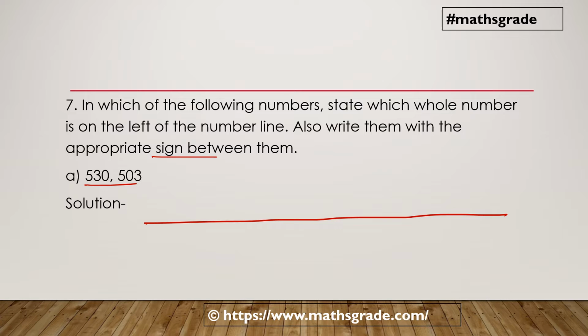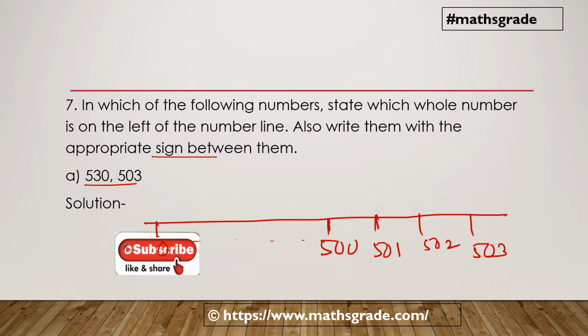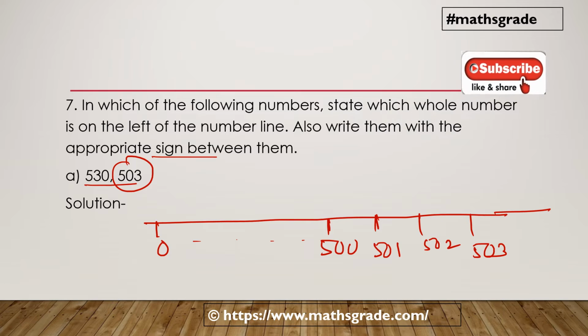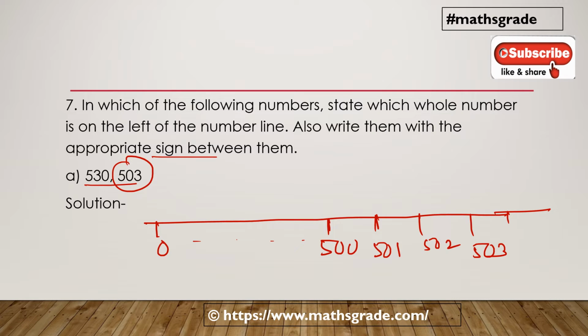This is the number line starting from 0. Suppose this is 500, and from 500, 501, then 502, 503. This is 503. Then 0 is in the tens place of 503, and in 530 the 3 is in the tens place.